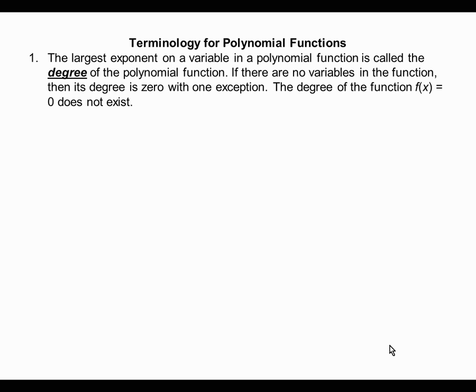So all numbers with one exception have degree 0. The exception is that the degree of f of x equals 0 does not exist. So all numbers except for the number 0 have degree 0, and for the number 0 itself, the degree does not exist. But other than that, the degree of a polynomial function is the largest exponent on a variable.